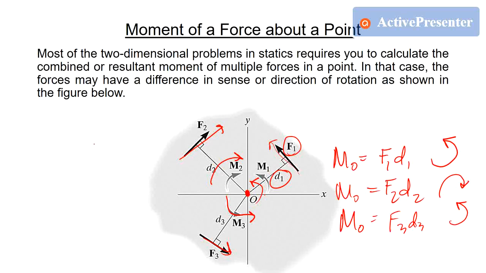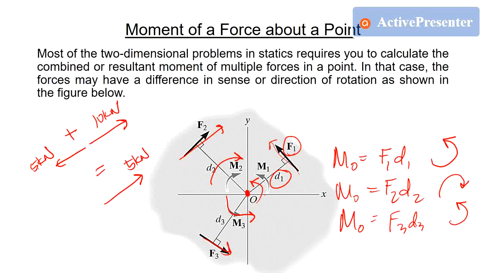It's the same with forces. If we have a 10 kilonewton force directed in this direction, and a 5 kilonewton force here, and we want to add these two forces, the resulting answer is 5 kilonewton. Why?